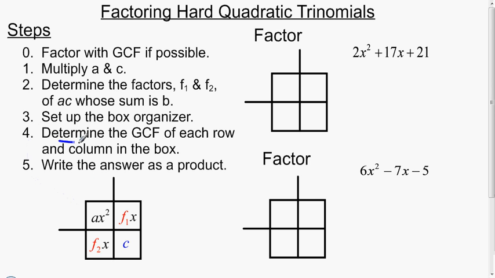And then you're going to determine the GCF of each row and column in the box. Again, we talked about GCF being an important skill. You need to have it secured when we go into this process because a step in this process involves GCF. And then you're going to write the answer as a product. That product will probably be something that looks like two quantities, and that can be FOILed back out to see if you in fact get back the original problem.